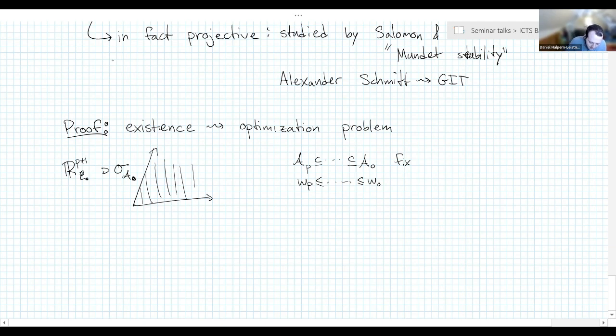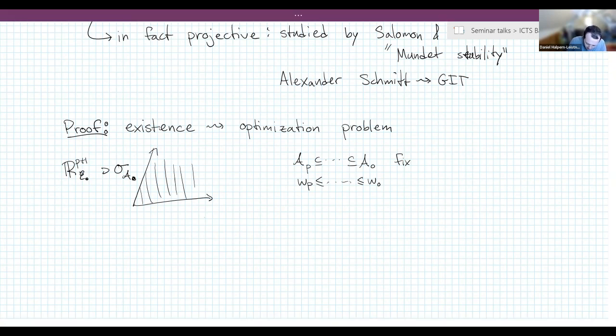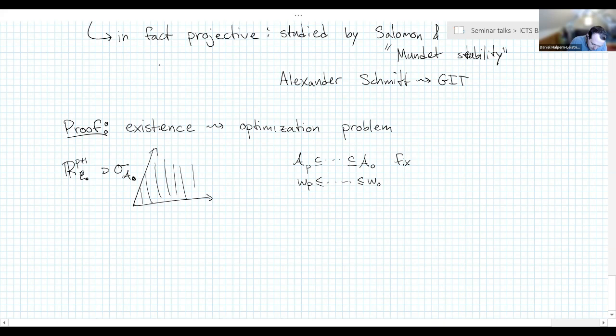And now if I ask which of those filtrations, well, let me stop here for a second. Let me just pause on this idea. The function mu is a continuous function on this cone. And basically, the question is, does mu have a unique maximizer on this? And this is for a particular filtration.